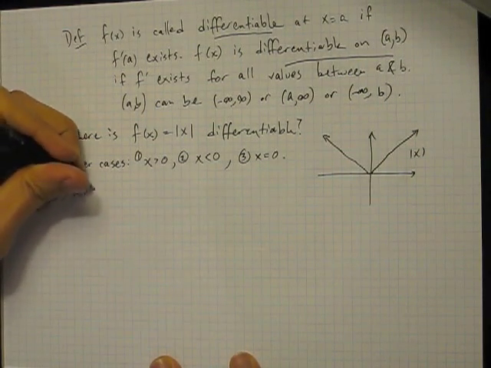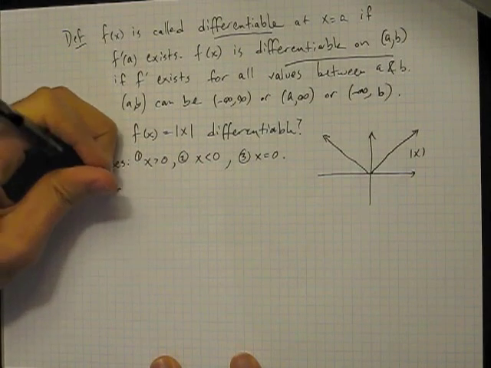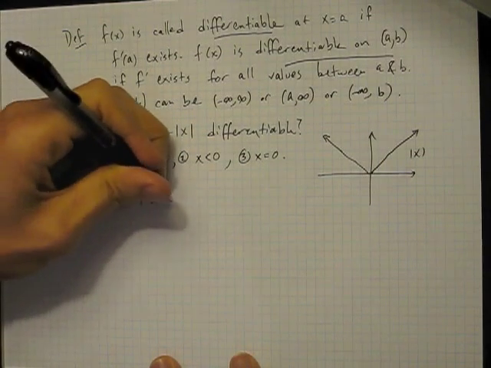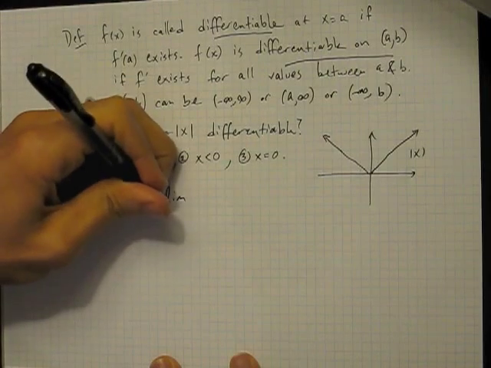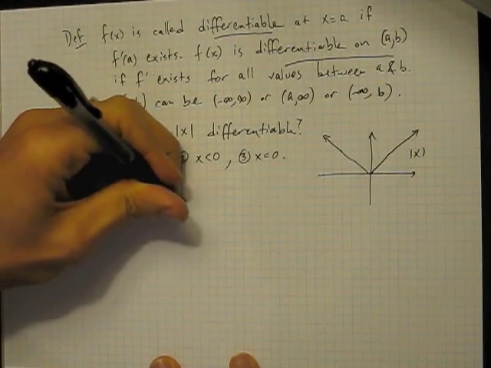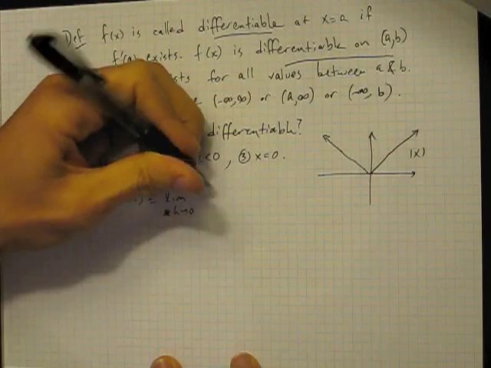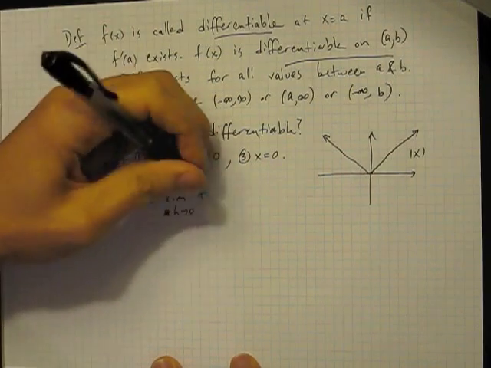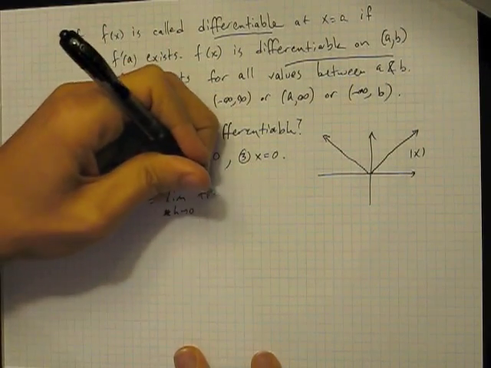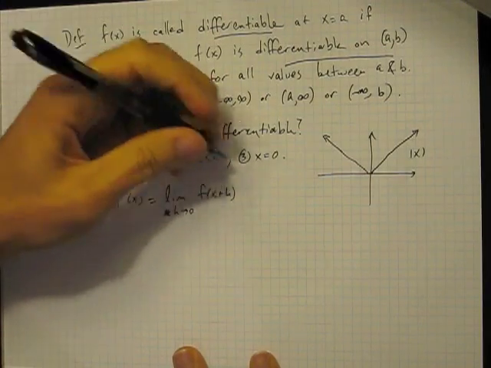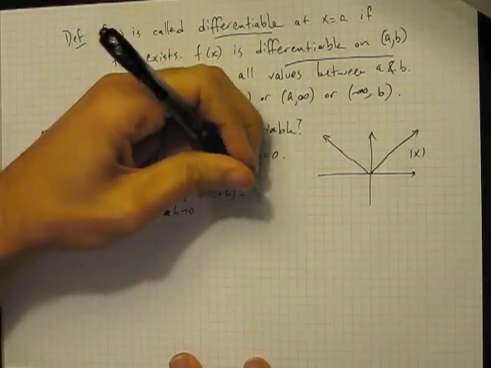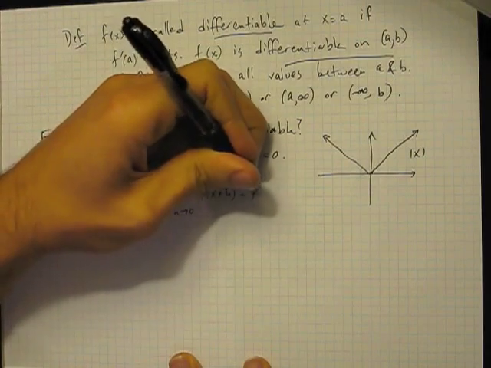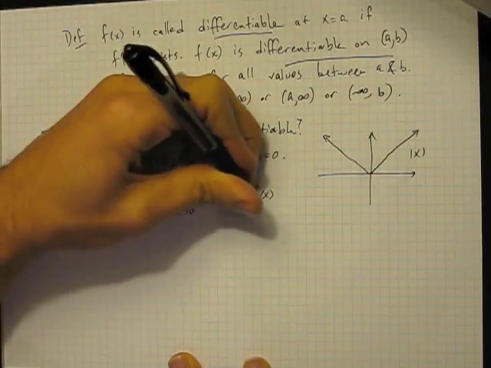So x is positive. Remember, the derivative is the limit as h goes to 0 of f of x plus h minus f of x, over h.